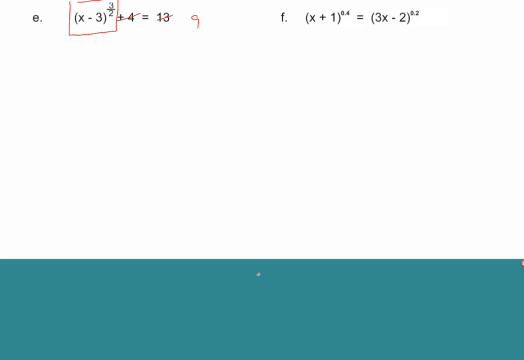At this point, how do you proceed? I think for most of you guys, this might look better as a radical, right? Square root, do you agree? Again, you got to know that rule, and that's cubed, and this equals 9.